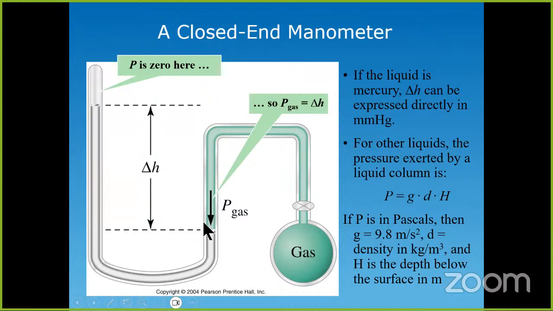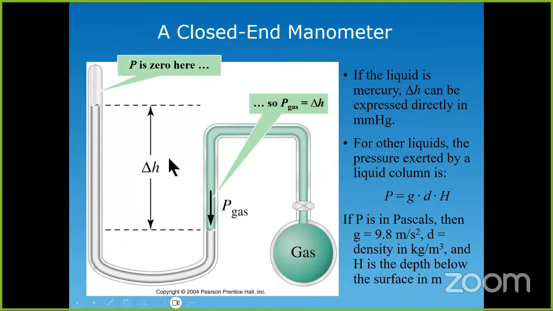You're going to have your mercury in the U-shaped tube, and then one end is attached to your container, which has a gas. So the way this works is that you open this up, the gas flows through, exerts a pressure here, this mercury level goes up, and the pressure of the gas can be measured in terms of millimeters mercury by taking the height difference between the two mercury levels on each side of the U-shaped tube.